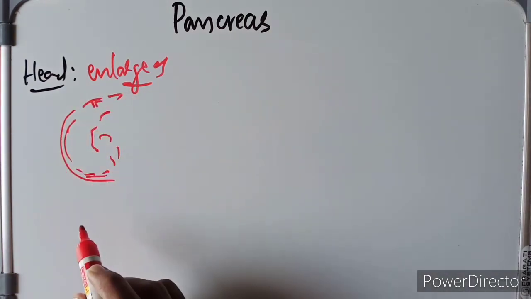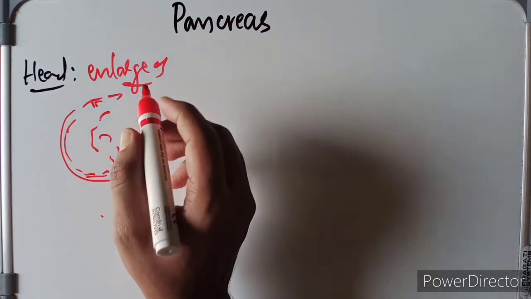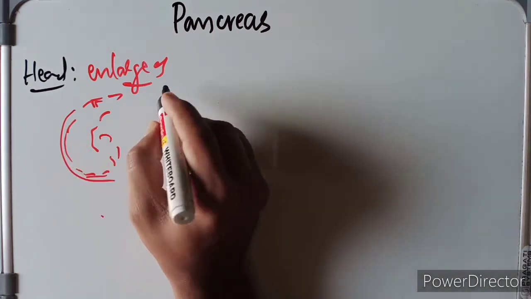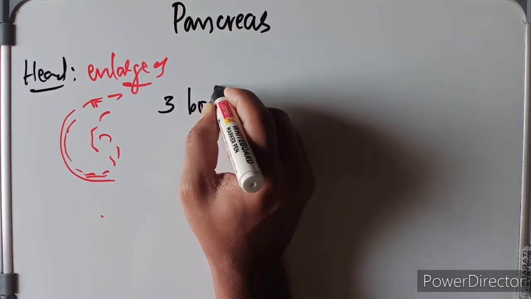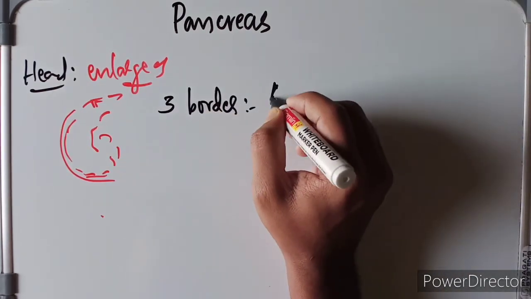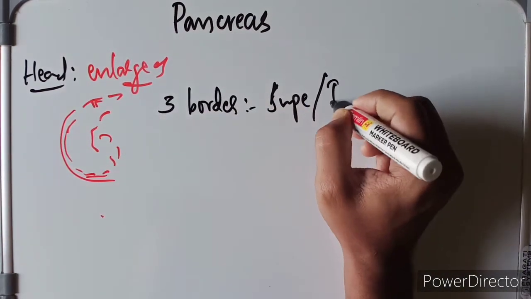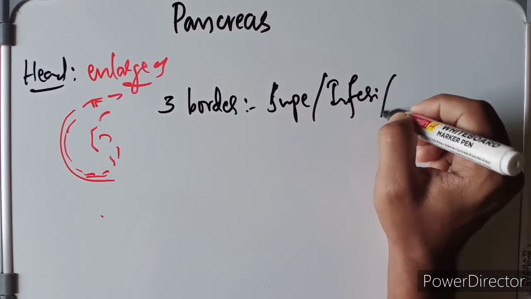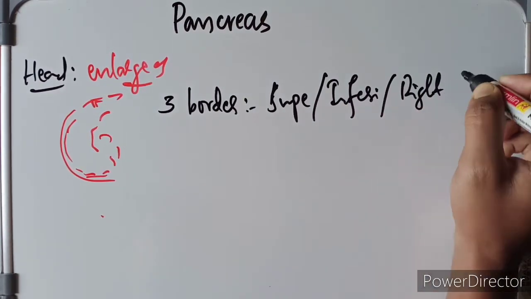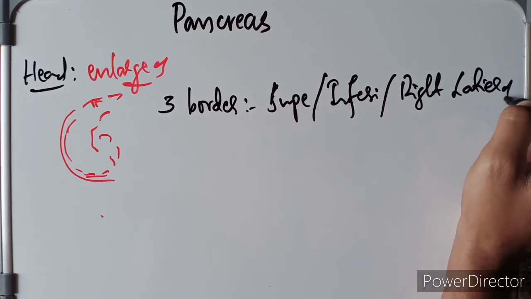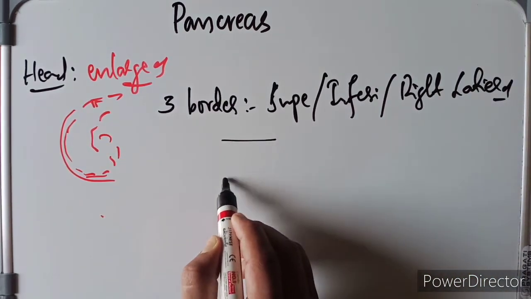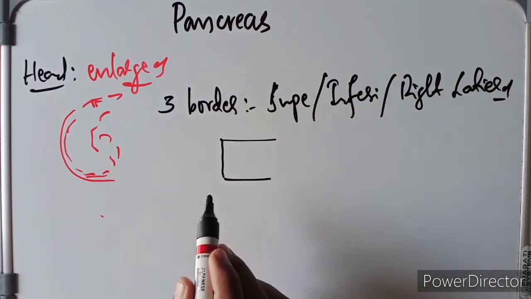So what are the external features of the head of the pancreas? It presents with three borders: the superior, the inferior and the right lateral border.